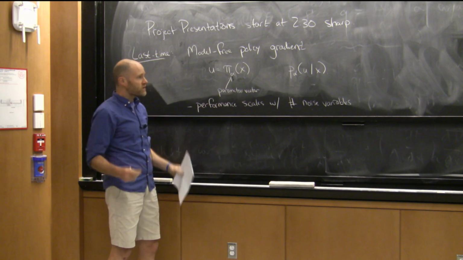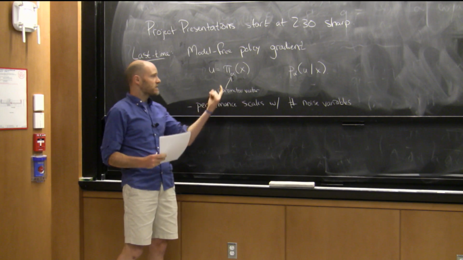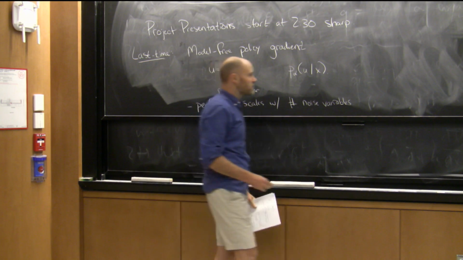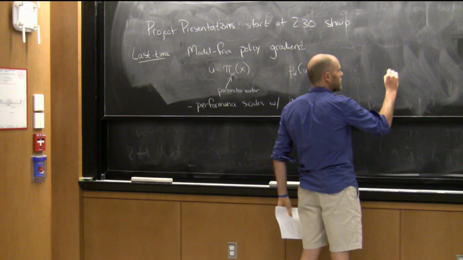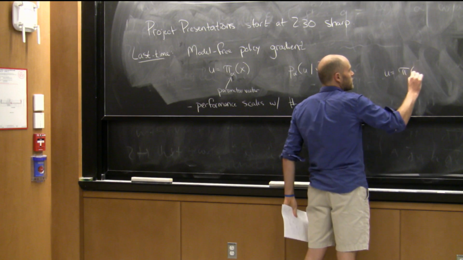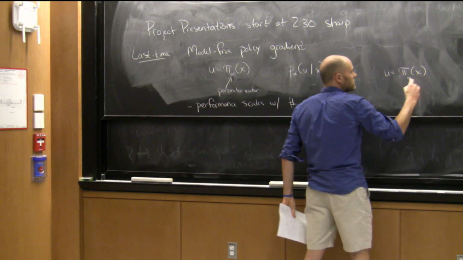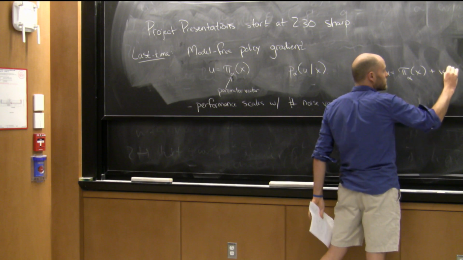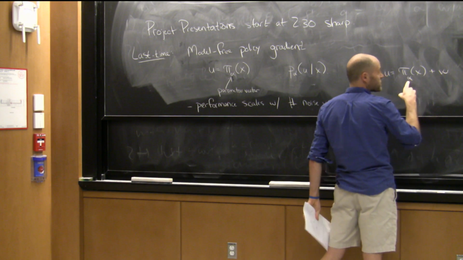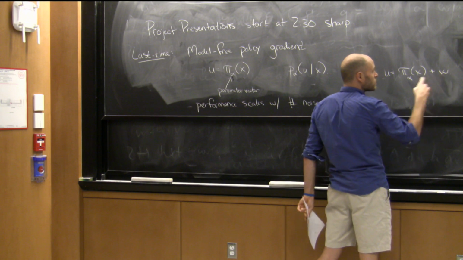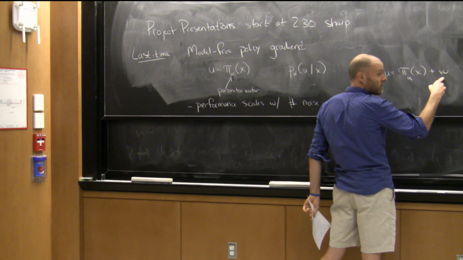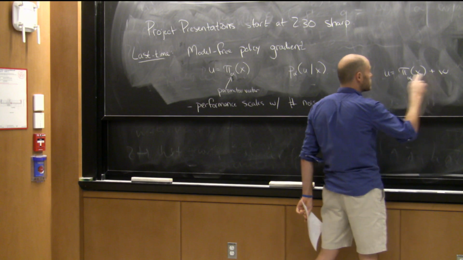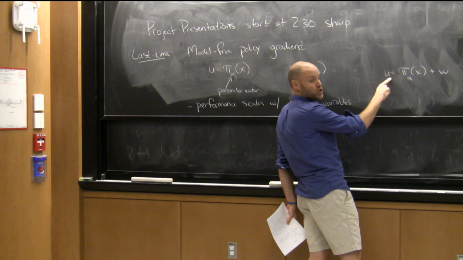In the REINFORCE update, it was slightly different. If we could have a deterministic policy, right? We could say that U was some deterministic policy plus some noisy vector W, let's say. And this was deterministic, this was noise. So if I do this, then the number of noise elements that I'm adding to the system is just the number of control inputs.